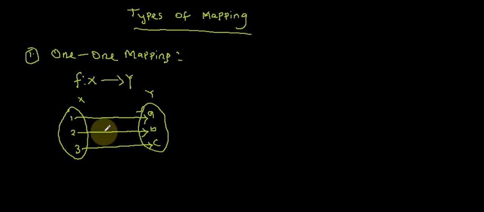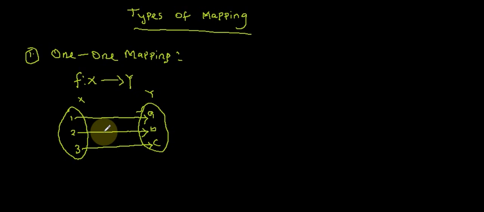A practical example is where we have each state having a governor. So, there is no state that can have two governors. So, we can say that is a one-to-one mapping. Another is a student to his or her unique matriculation number or student ID.